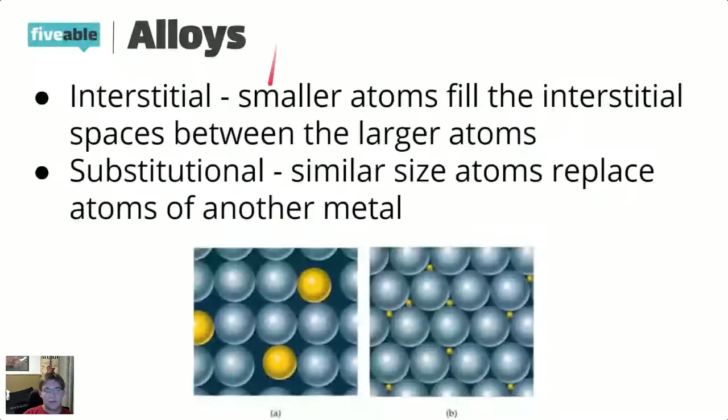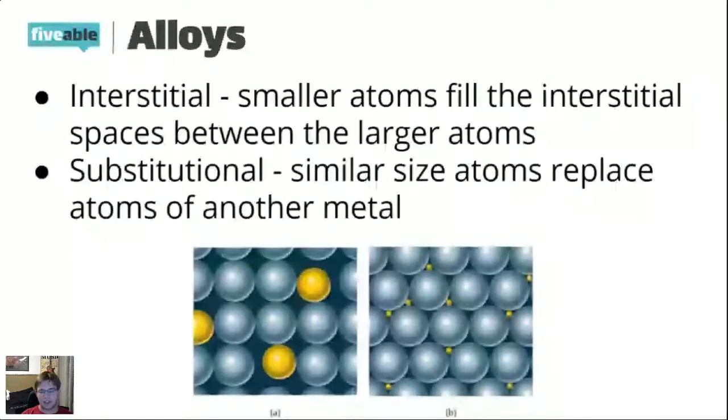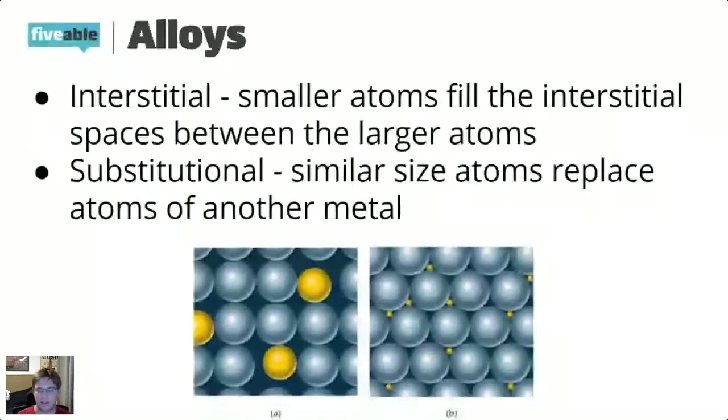So for example, what type of alloy would A and B be? Just say which one is blank and which is the other type. I'll give you guys a couple seconds to think about it.